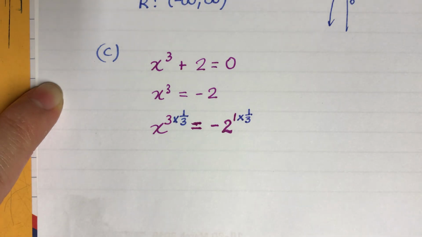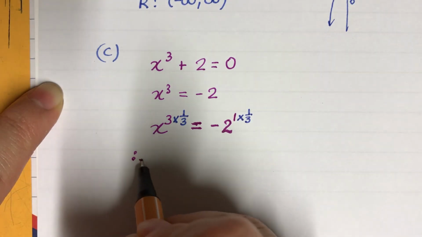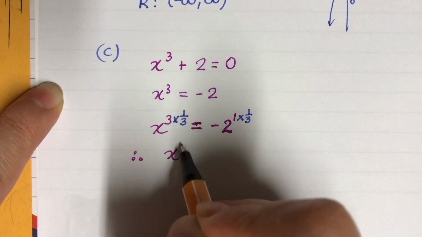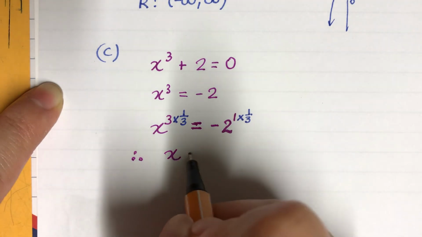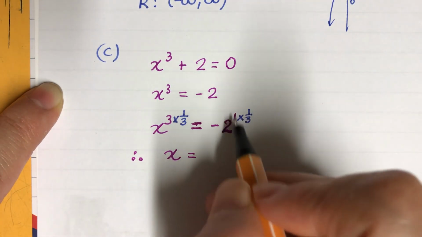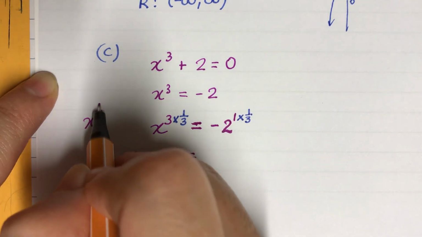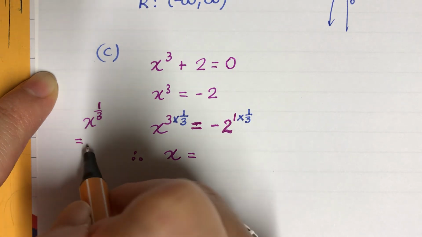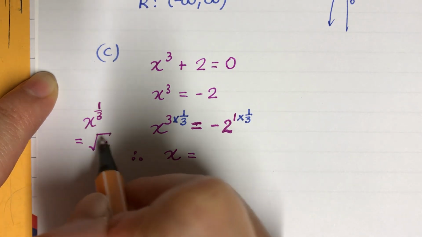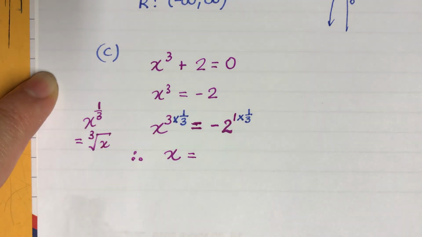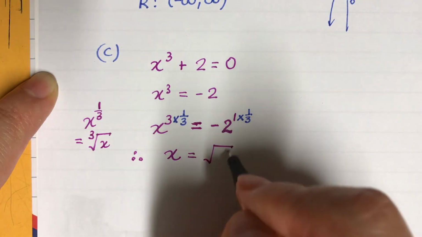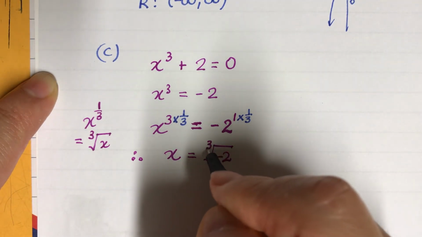That way, what I have now is x to the power of 1, but we don't write a 1. Now, do you remember, x to the power of 1/3 is equal to the cube root, isn't it? Yep. So I'm going to do the same thing right there.